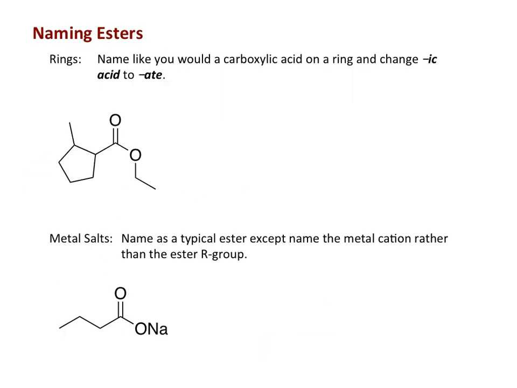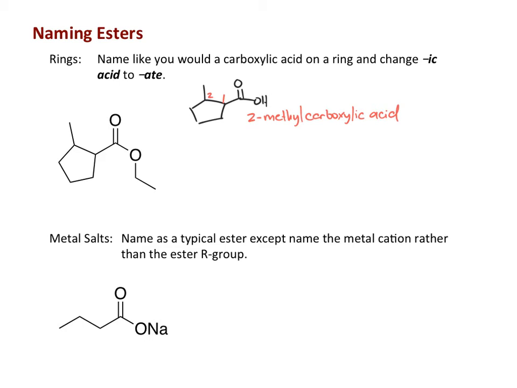So if we have an ester on a ring, it's really the same deal as what we would do with the carboxylic acid on a ring. If we had this carboxylic acid on a ring, we would name this as 2-methyl carboxylic acid.